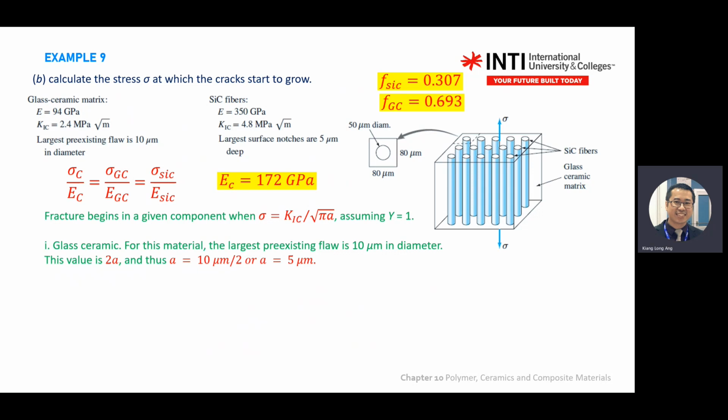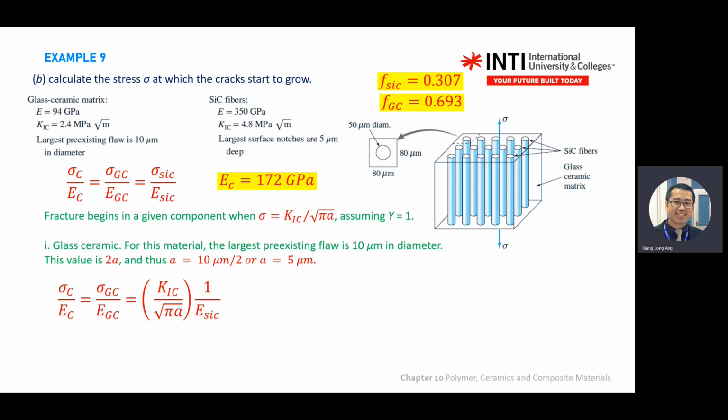This is an internal flaw. This 10 equals 2A. So your A value to calculate for this equation, you use 5 micron and not 10 micron. Okay, so you substitute inside the equation.